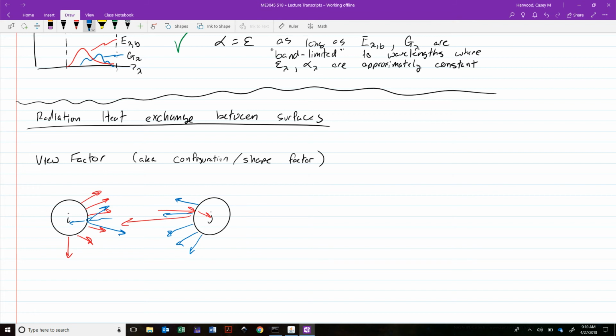And any reflected radiation is also going to be going in all directions. Then we've got some active emission as well as some radiation bouncing back and forth in between.